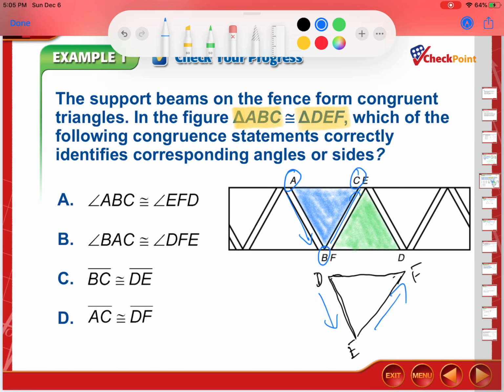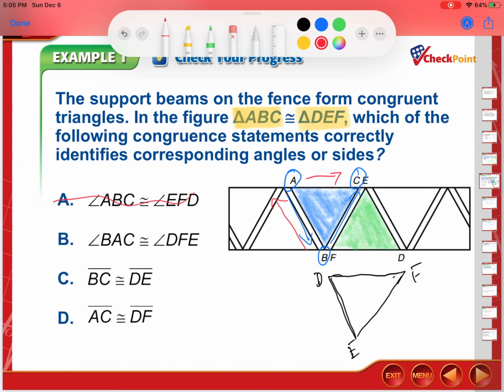They say angle ABC, so we're going down and then back up, is congruent to EFD, which, if we look at our new triangle that we turned so it's facing the right way, EFD goes up and then to the left. So that one would not be written correctly because it doesn't follow the same pattern. So that one's a no-no.